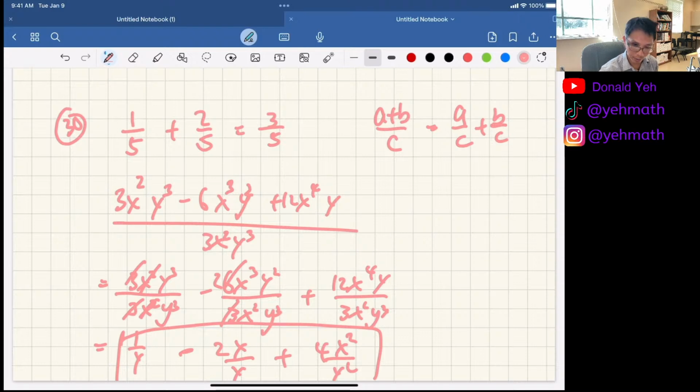Oh yeah, this is just 1, not 2. This is just 1, because 3 over 3 is 1, x squared over x squared is 1, y cubed over y cubed is 1. So it's 1 minus 2xy plus 4x squared y squared. Yeah, I accidentally put 6. Sorry. That's okay.